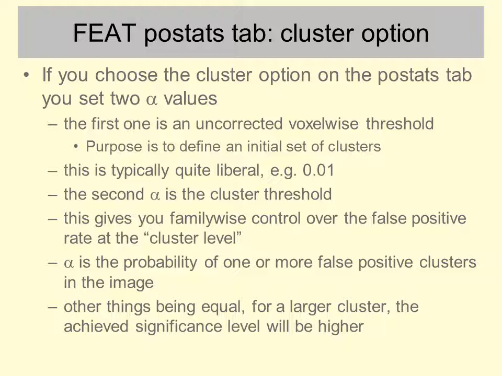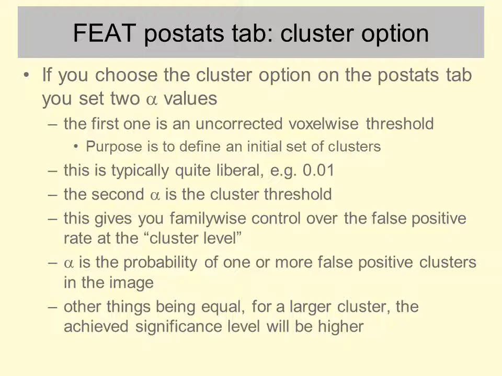It's exactly the same as if you chose the uncorrected option in FEAT, and that's there just to get an initial set of clusters. And usually you set that fairly liberal, e.g. alpha 0.01. And the second alpha you set is the cluster threshold.